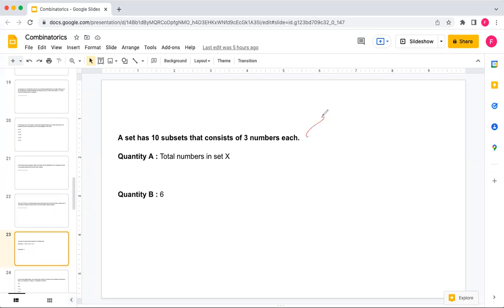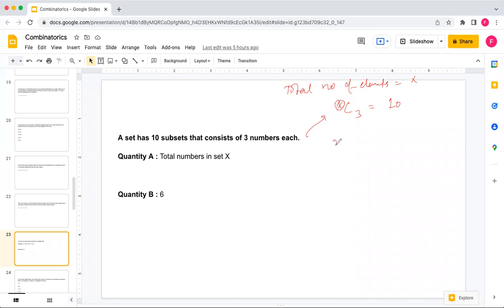If I assume that the total number of elements in the set is x, then choosing 3 from the total gives a result of 10. This is what the question is asking.